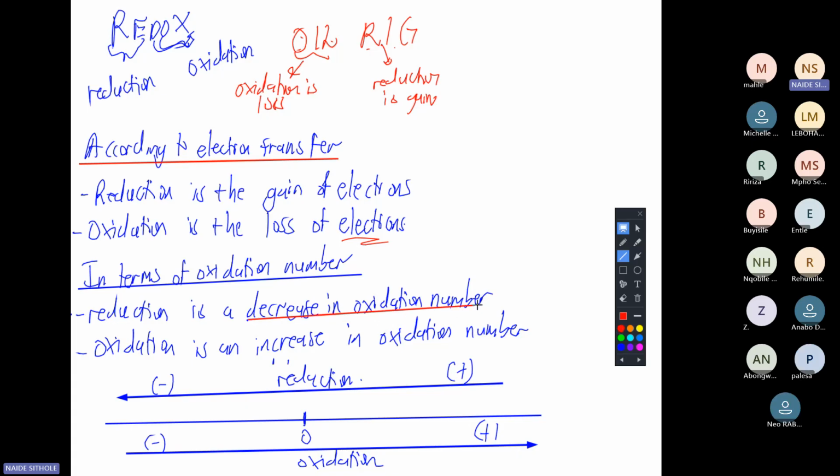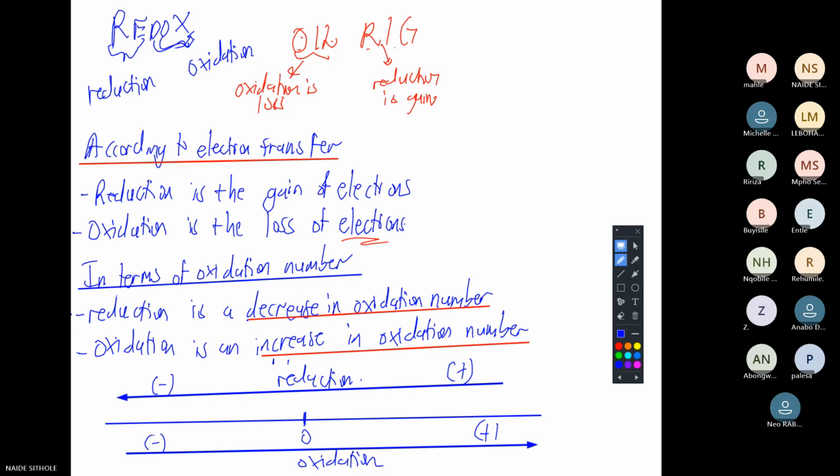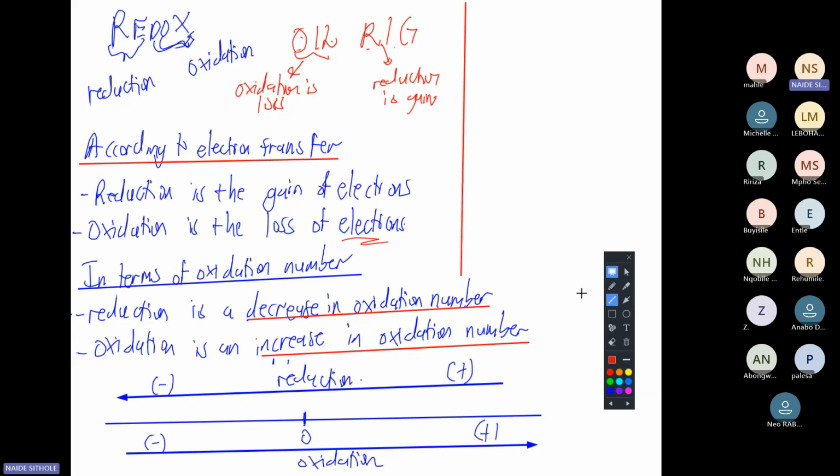Now, you must also know that we have things like the reducing agent and the oxidizing agent. It might be a little confusing, so I want you to understand this. An agent is responsible for making the other substance undergo a process, while it undergoes the opposite.